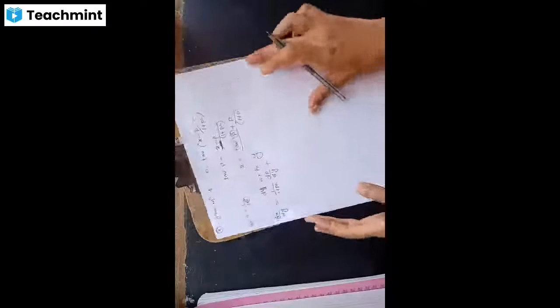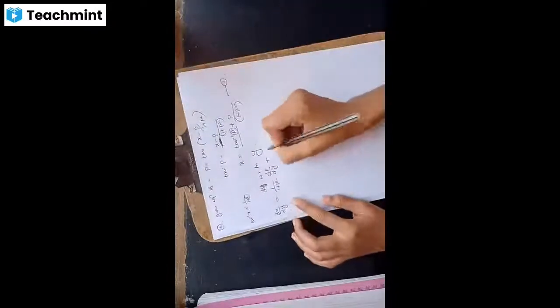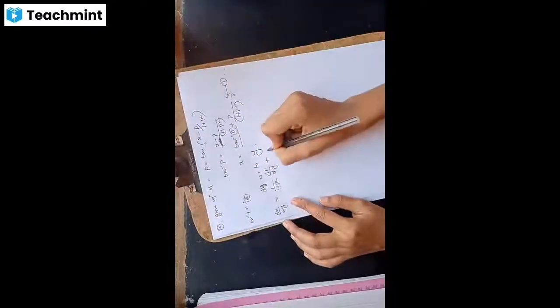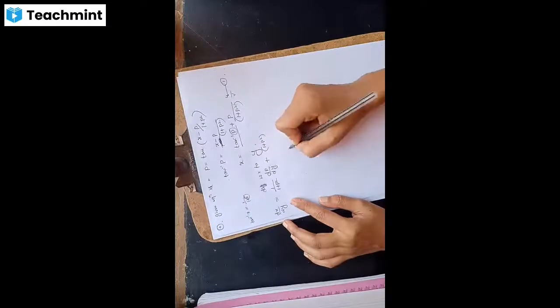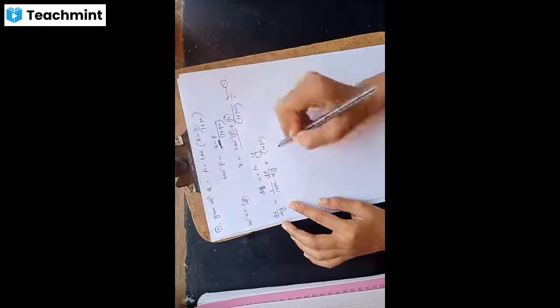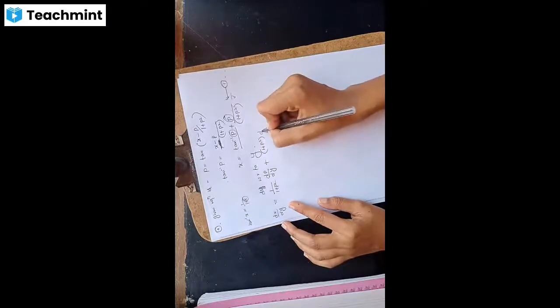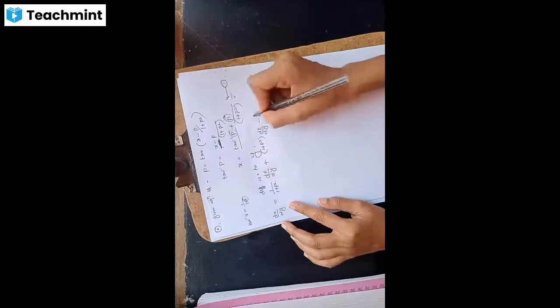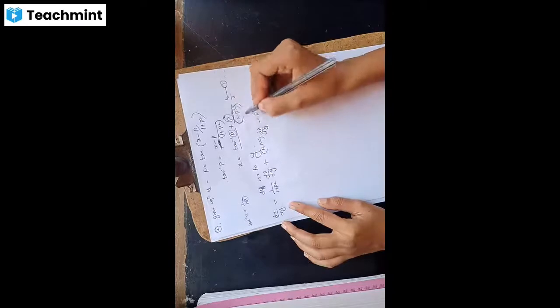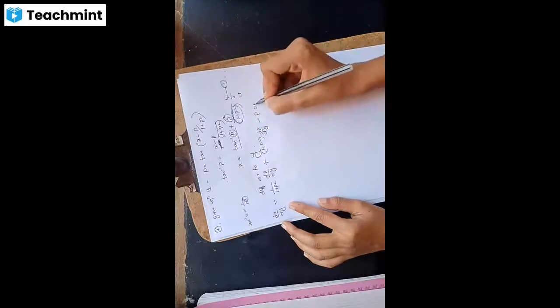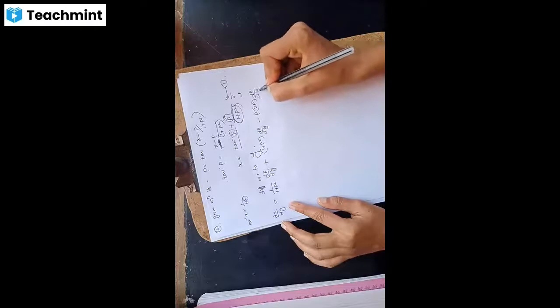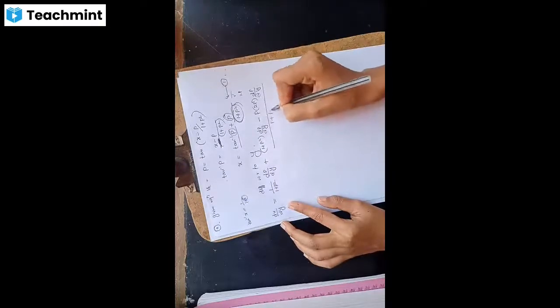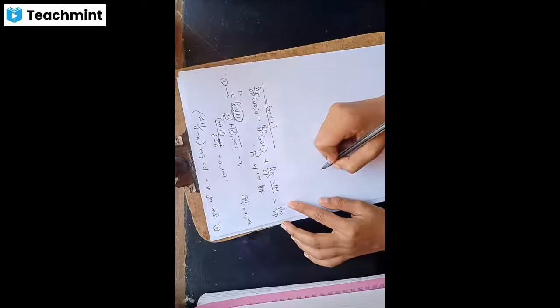Here you have to apply the u by v rule, the quotient rule. So v, that is 1 plus p square, as it is. Next, the derivative of u, that is dp by dy, minus u, that is p, as it is, times the derivative of v, 1 plus p square, which is 2p dp by dy, divided by v square, 1 plus p square whole square.